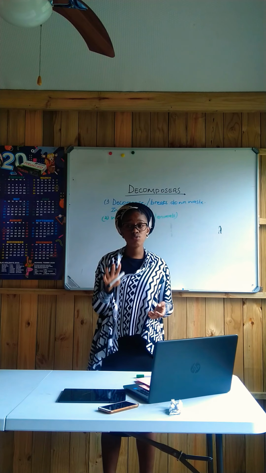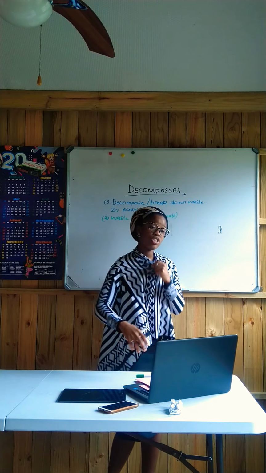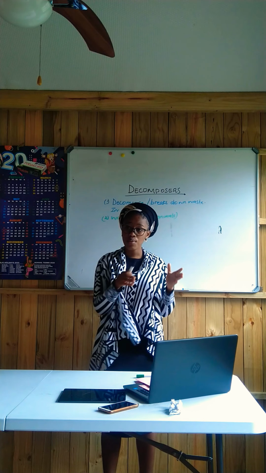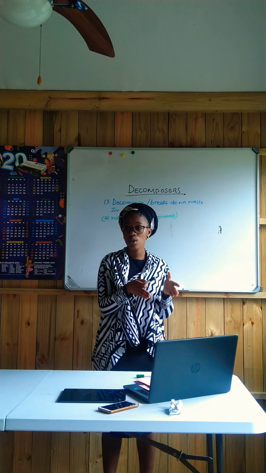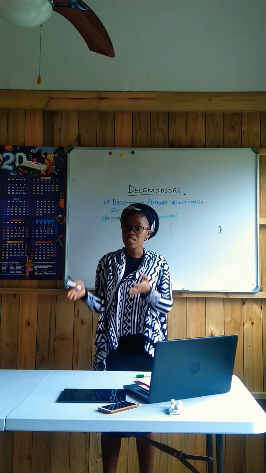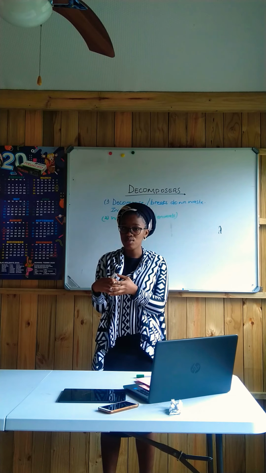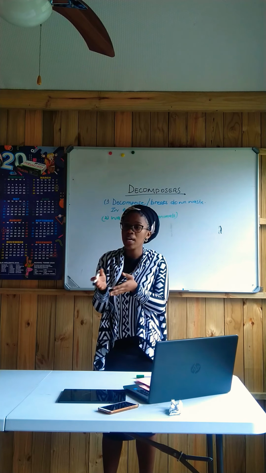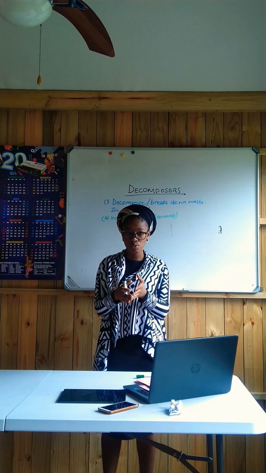So you guys need to know the difference between the large and the small scavengers. The one eats dead plants and animals, and the other one breaks down. So it's the small ones that break down, because fungi cannot really feed on a dead animal or plant. It just simply breaks it down into different nutrients.